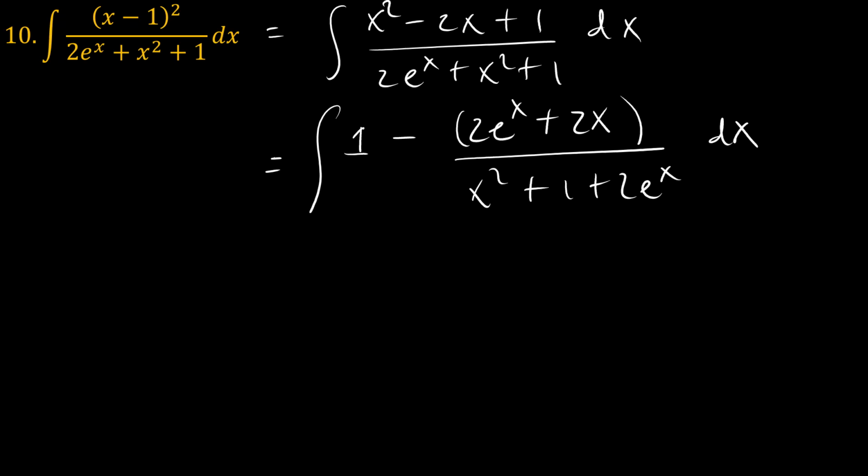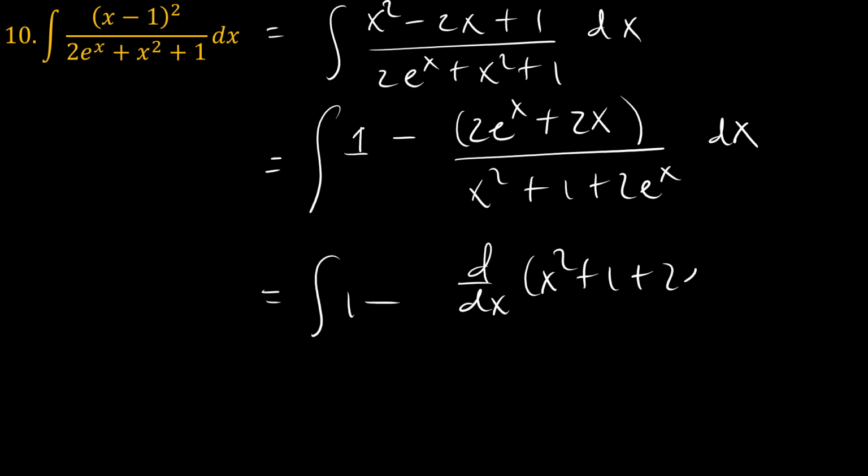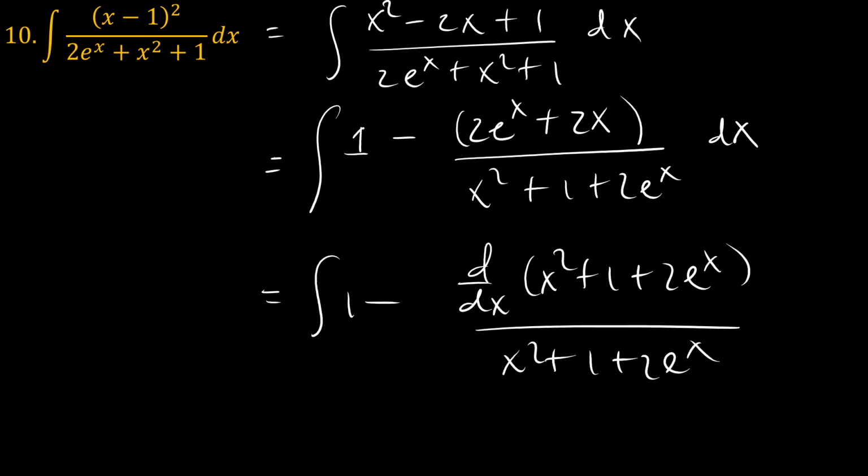Okay. And so this becomes 1 minus the derivative of x squared plus 1 plus 2e^x over x squared plus 1 plus 2e^x.